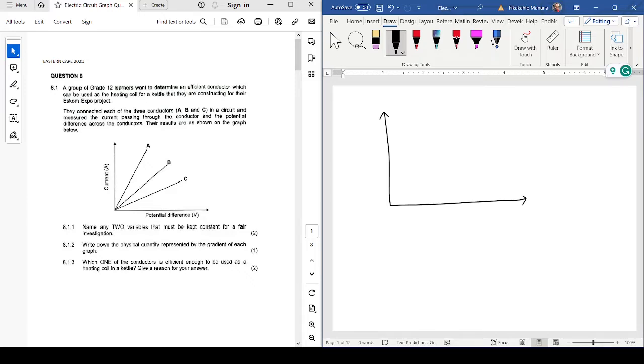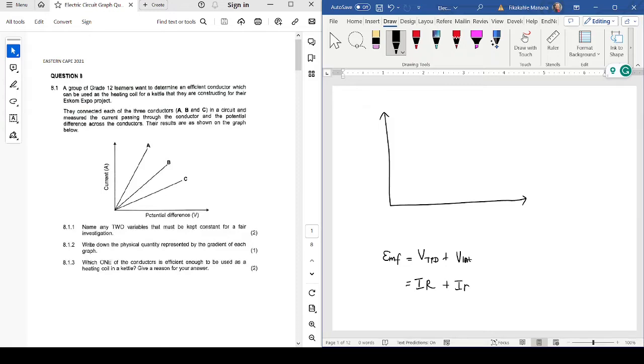Remember, your equation for EMF is equal to your terminal potential difference plus your lost volts. Terminal potential difference would be your current in the circuit multiplied by your external resistance, and your lost volts would be your current in the circuit multiplied by your internal resistance.